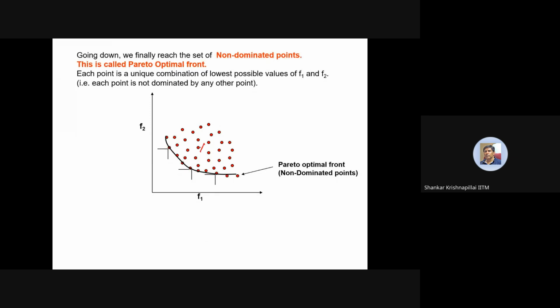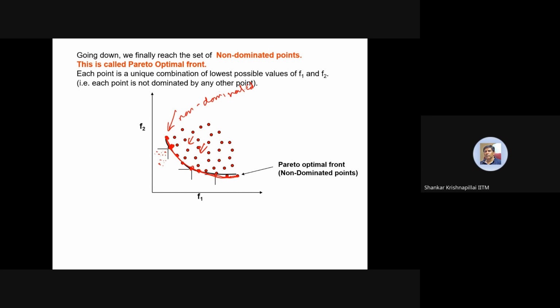Finally, as you go down like this, you will hit this last row of points, or the locus of the last set of points. These are called non-dominated points. The reason is that if you take this point here, you cannot find any other point having a lower F1, F2 value than this point.